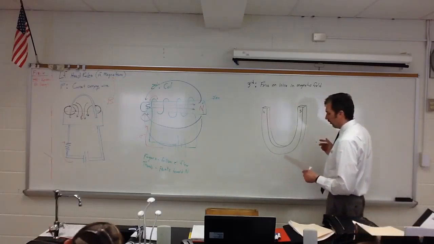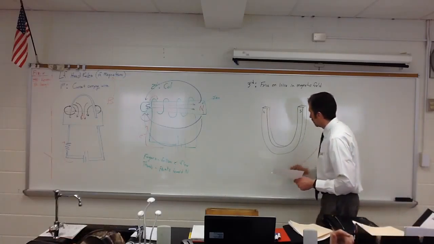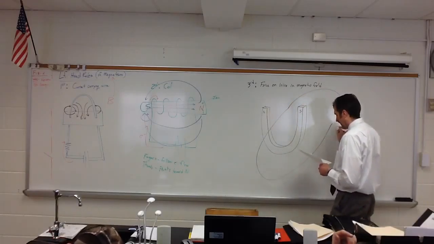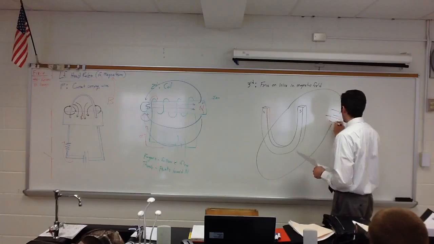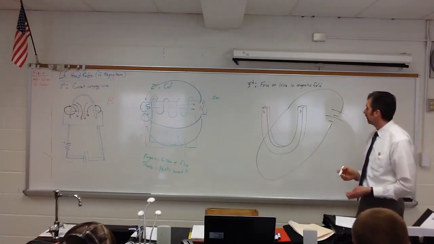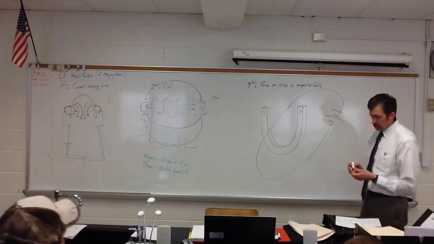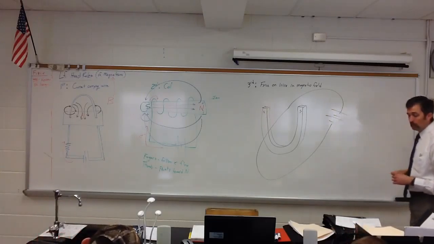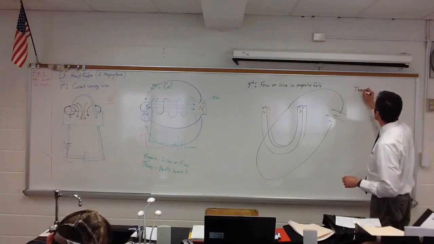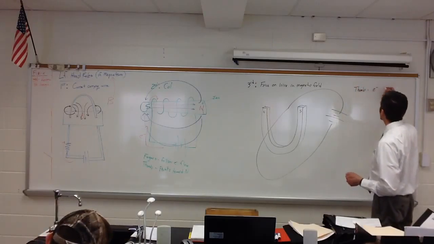See all I did? Kind of gave it that 3D effect. Now I'm going to run a wire right between the north and the south, loop it back around. I guess it doesn't matter, we can put the battery in either way. Alright, so what happens here? Well, first of all, on this rule, our thumb is again the electron flow direction.